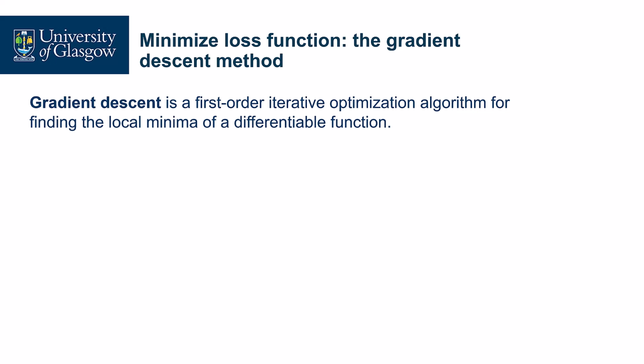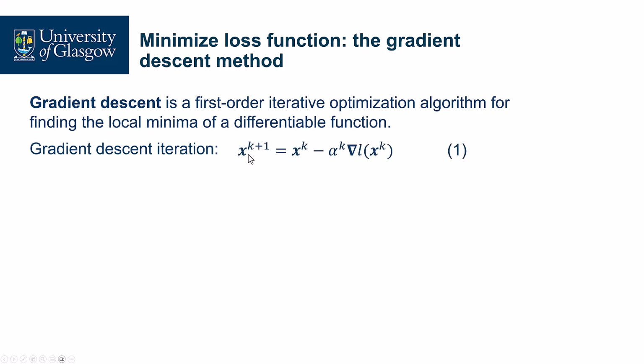The gradient descent method is an iterative optimization method. We go through it iteration by iteration to gradually improve the value of the x that we want to optimize, and it aims to find a local optimum of a differentiable function. We can see it like this: x at iteration k plus 1 equals x at iteration k minus alpha k times the gradient of the loss function.